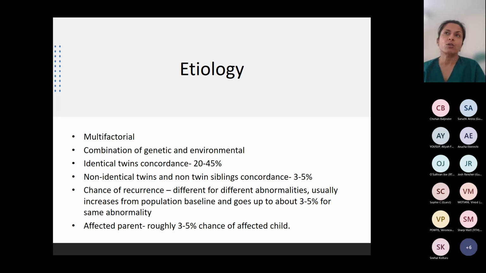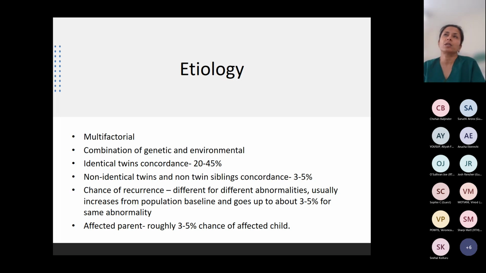Of course, if you're carrying an autosomal recessive disorder or autosomal dominant disorder, then that increases to 25 or 50% or 10%, depending on the penetrance. But that's a more detailed look into it. In general, it's about 3 to 5%. So you can counsel people like this.